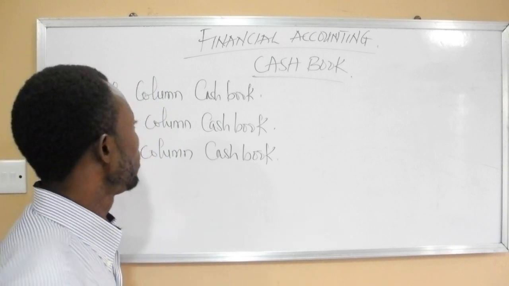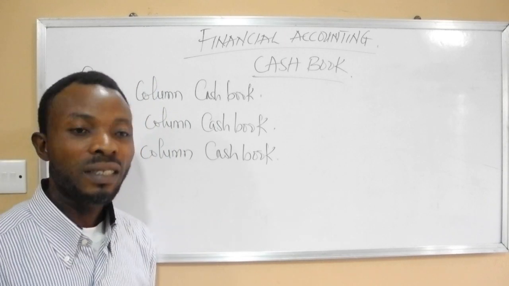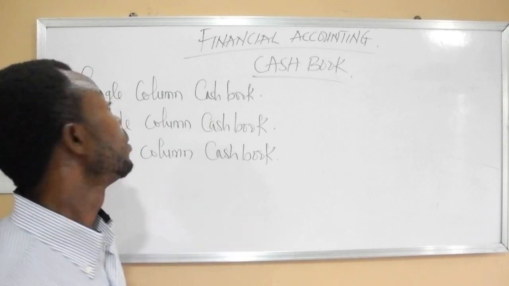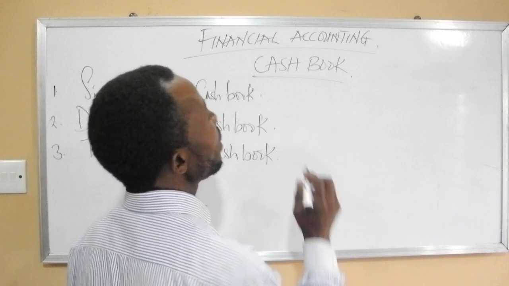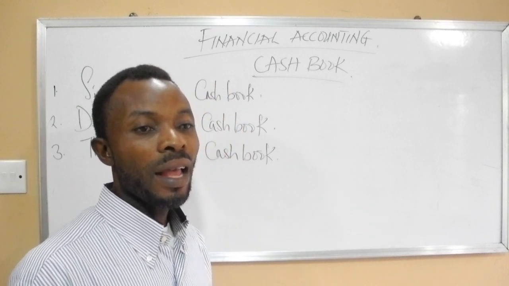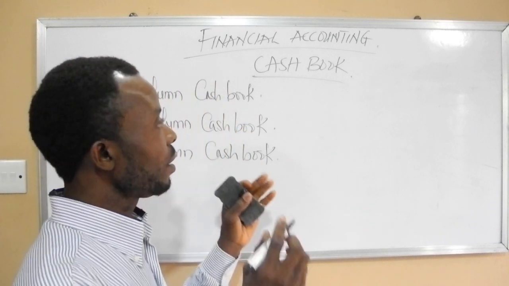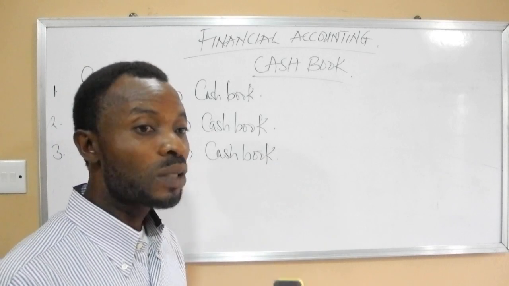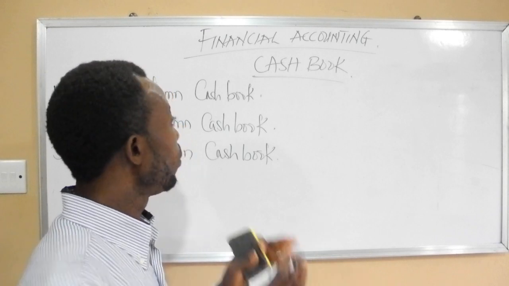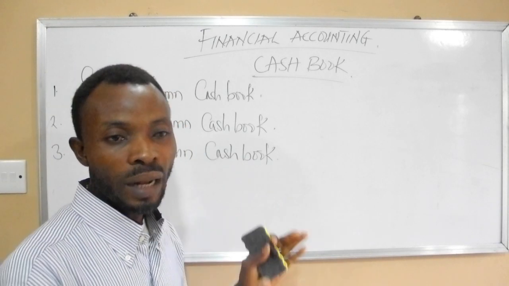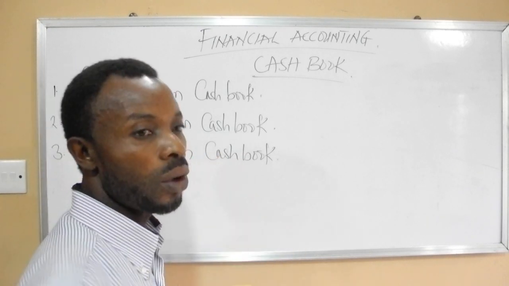Now, the main difference between these three is just this. The single column cash book has only a separate column for recording cash. It does not have a column for bank. So it's only cash transactions that are recognized in a single column cash book.